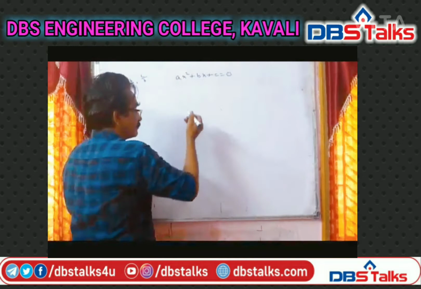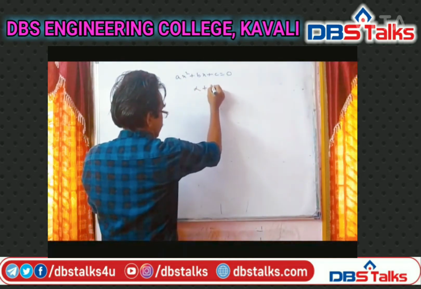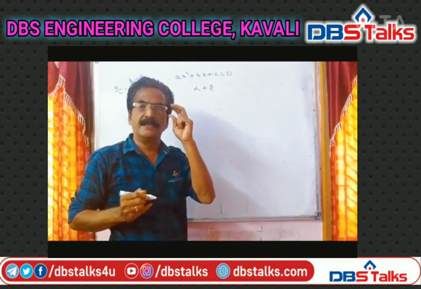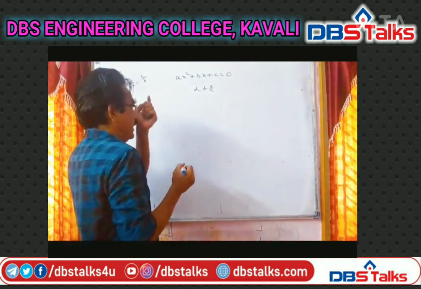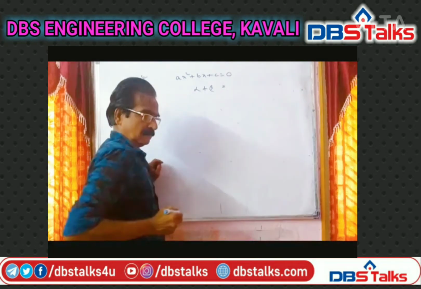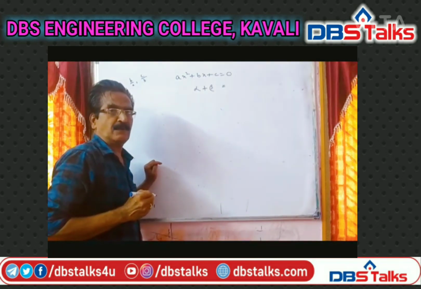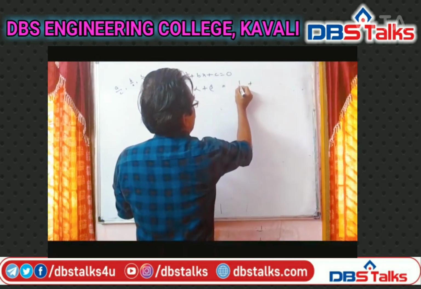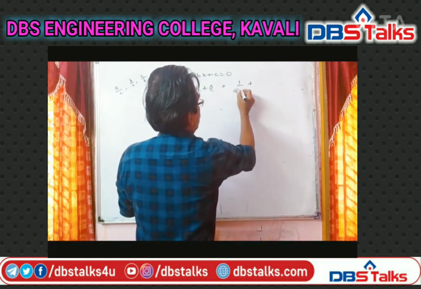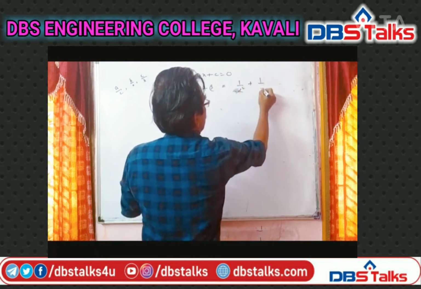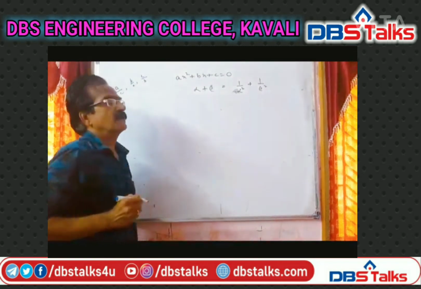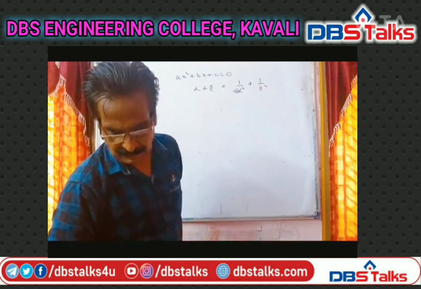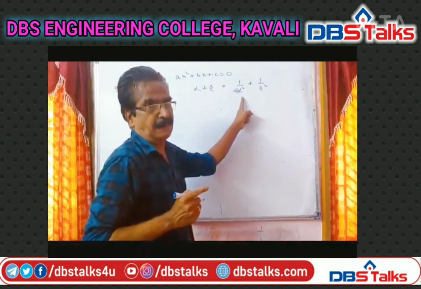Say alpha, beta are the roots of this equation. Then it is given that the sum of the roots of this equation is equal to the sum of the squares of their reciprocals.